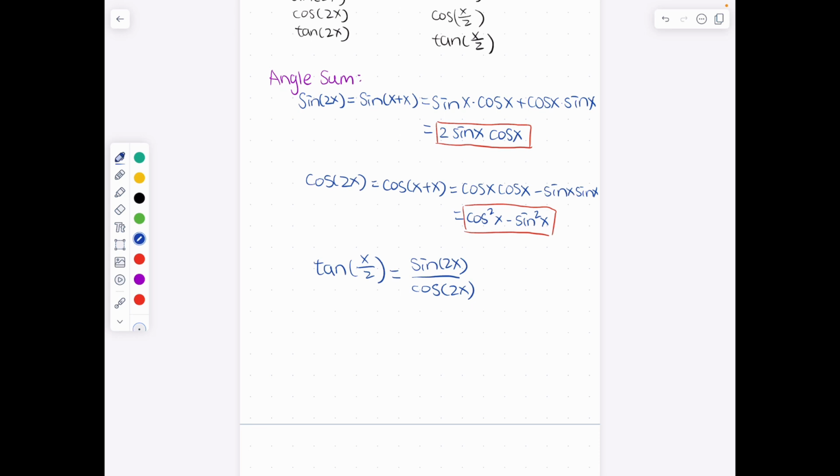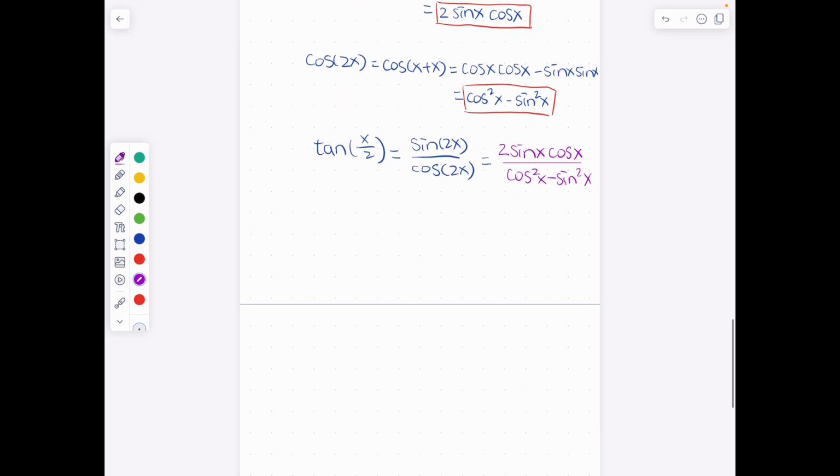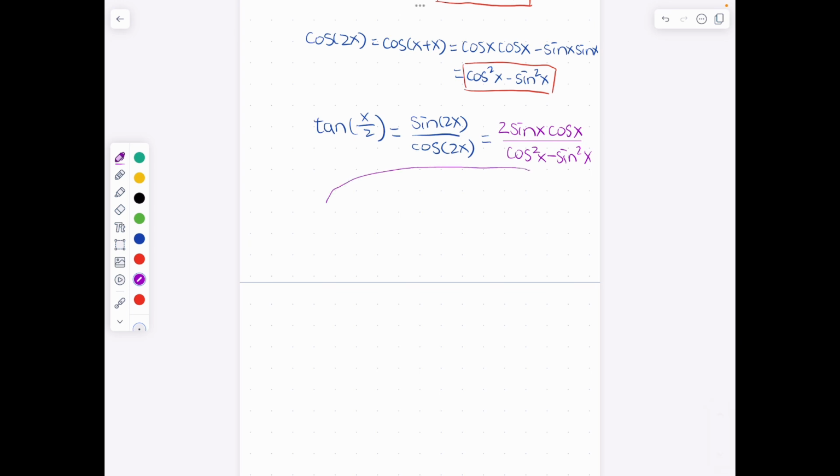Okay, so that is equal to the sine of 2x, which is 2 sine of x cosine of x divided by cosine squared x minus sine squared x. Okay, so what is that equal to? Let us just bring that over here.